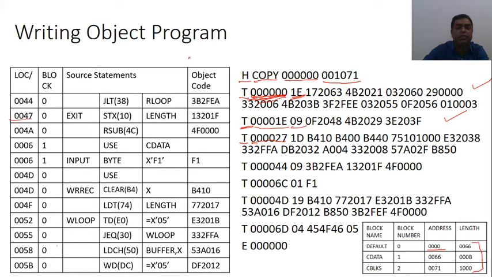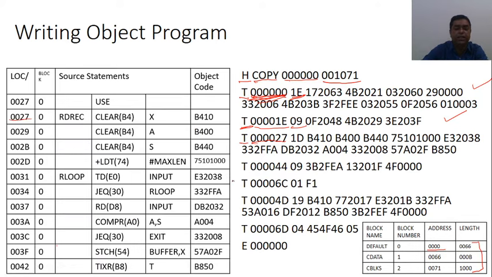If I include the 30th byte, which is 3B, we must remember that when writing a text record, either we consider the whole object code or exclude it. So we either include up to EA or do not include this object code.